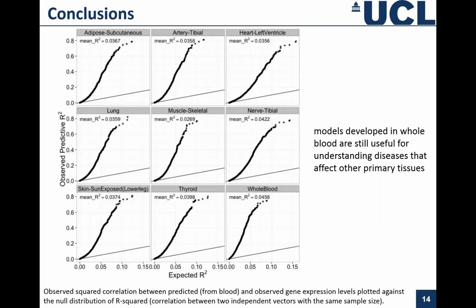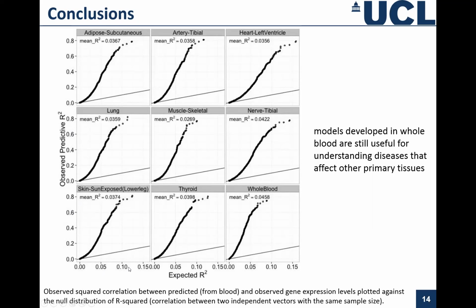And one aspect is they investigated how expression models developed from blood samples predict the expression levels in different tissues. And this is the observed prediction correlation plotted against the null distribution.